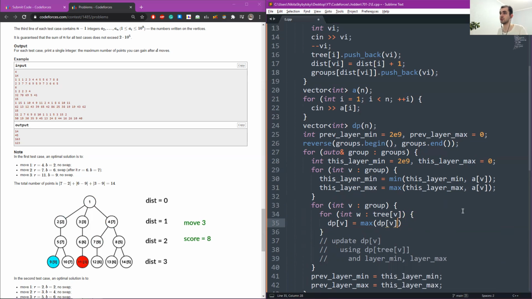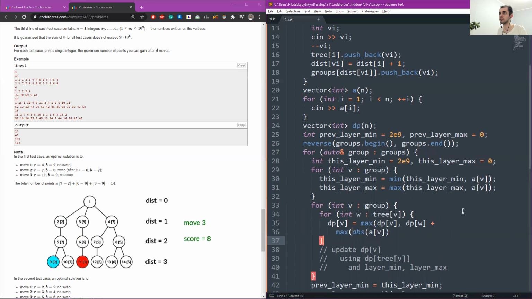Initial 0, so it's okay. Where did all this space come from?